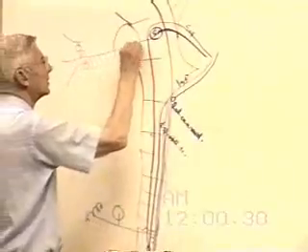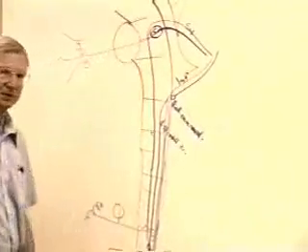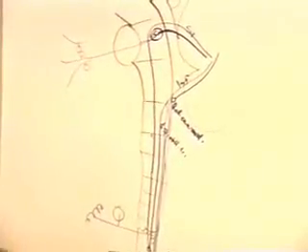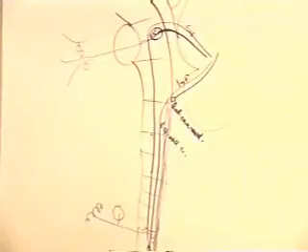With fibers that come in directly to the main sensory nucleus, carrying all kinds of sensation except small fiber.